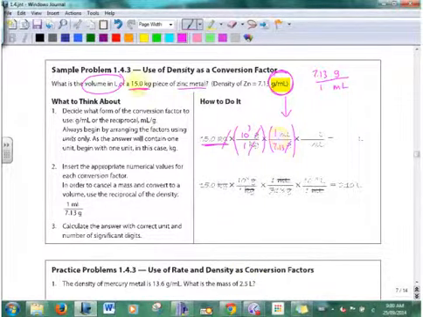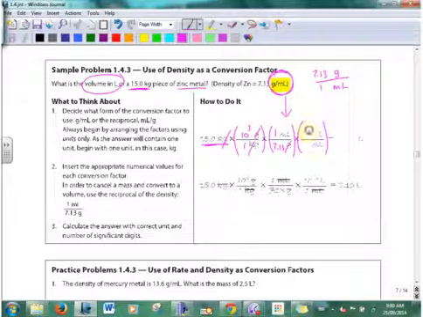How do I make that liters? Well, now I go back to my table again, and I know that 1 milliliter is 10, milli means minus 3, 10 to the minus 3 liters. Milliliters cancels out, and guess what I got left?